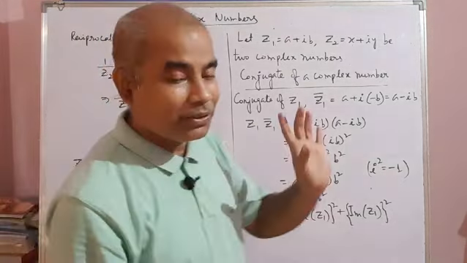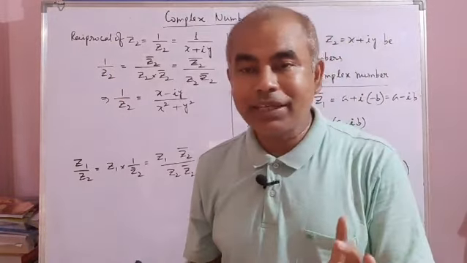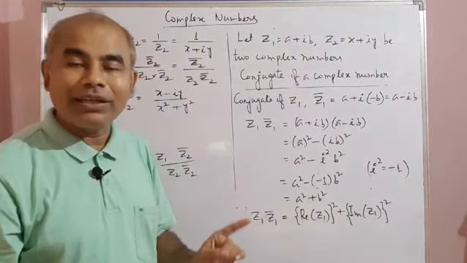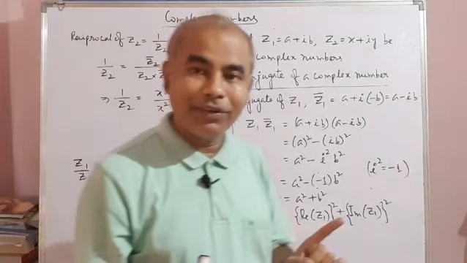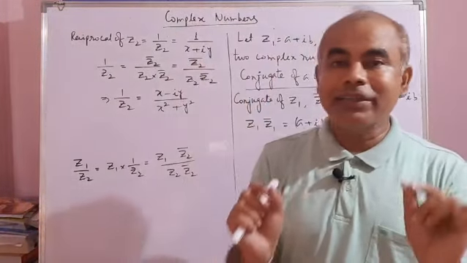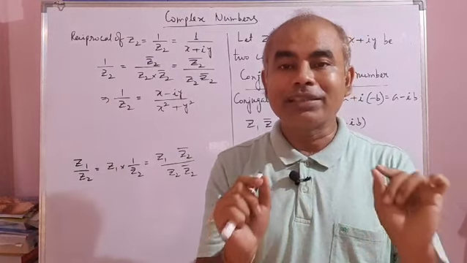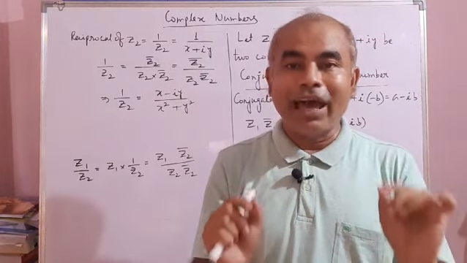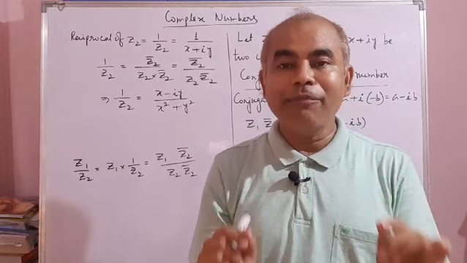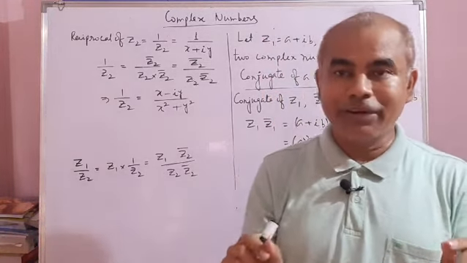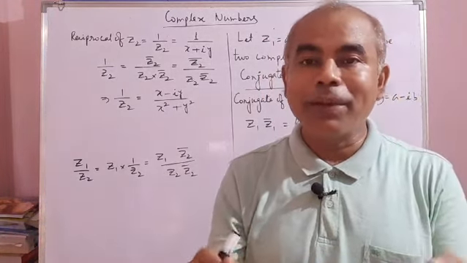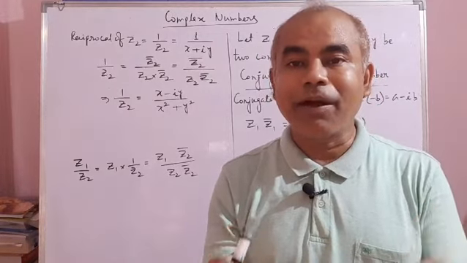Okay, so see, in this video we discussed what a complex number is, its real part and imaginary part. After that, if our imaginary part is 0, it is a purely real complex number, and from that we can conclude that every real number is a complex number with its imaginary part 0.